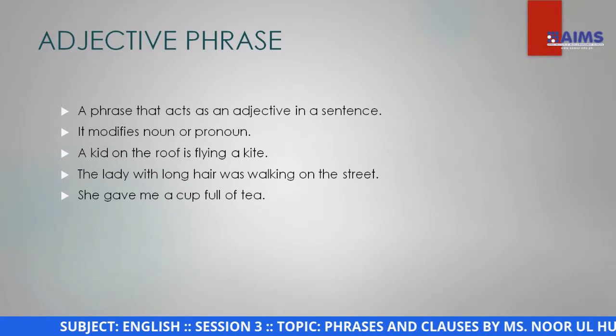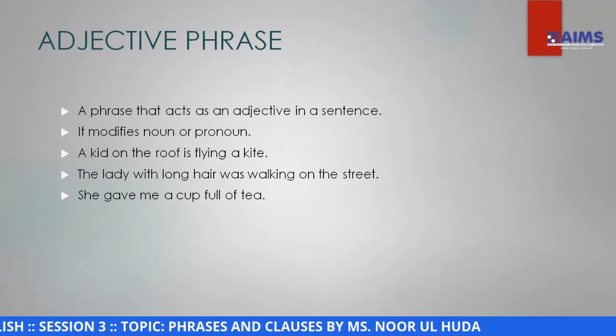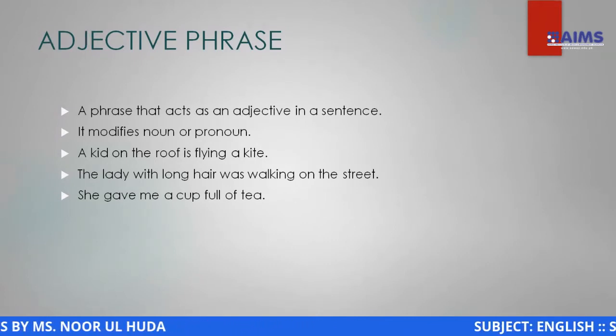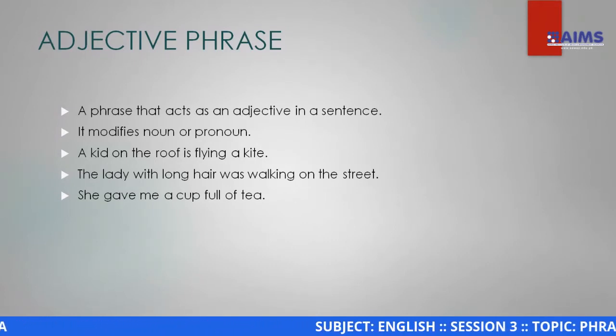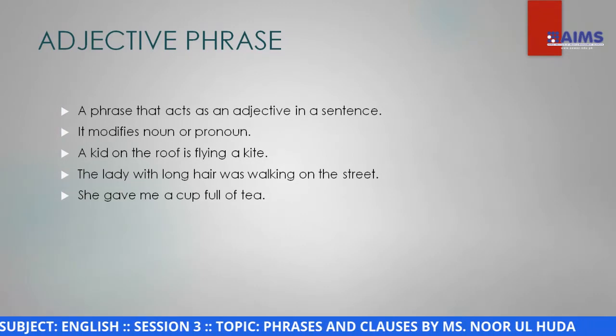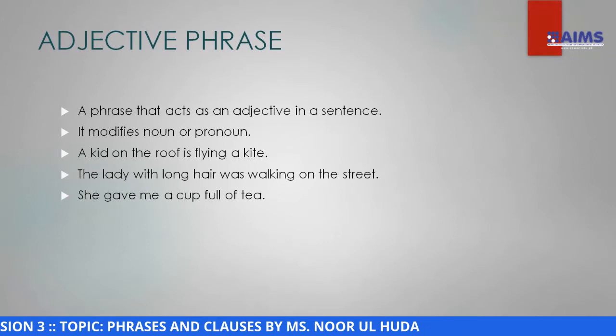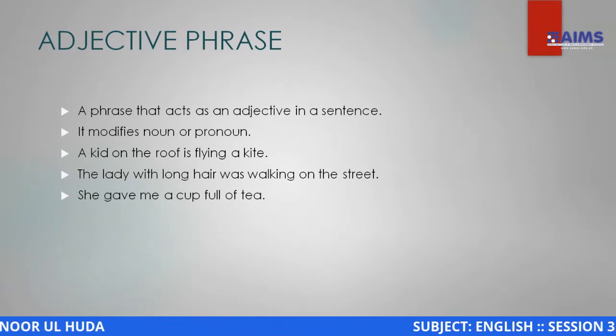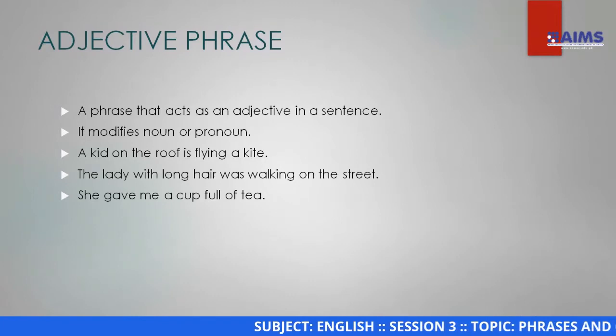Okay, adjective phrase: a phrase that acts as an adjective in a sentence. Let's suppose a combination of words denotes some quality, and they are qualifying a noun as a whole, so they are called adjectival phrases.